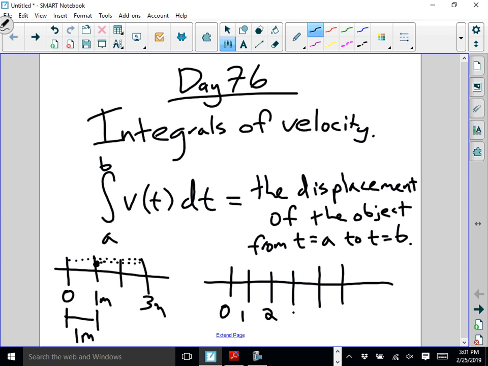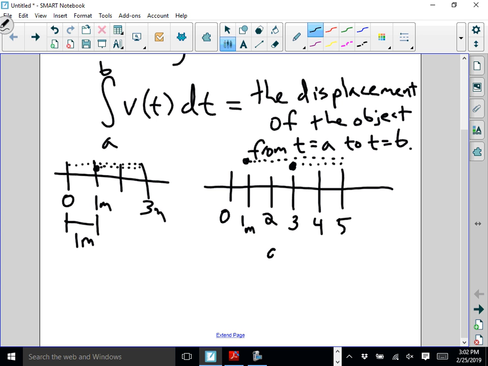So you start at 3 meters. You walk 2 to the right, then you walk 4 to the left, and you finish at a position of 1 meter. Your total displacement would be -2. You displaced 2 to the left of where you started, right?